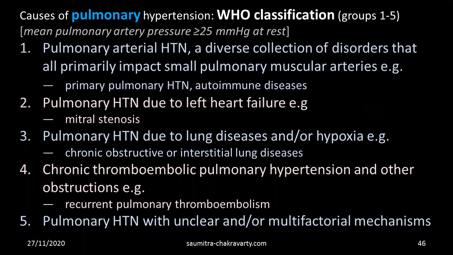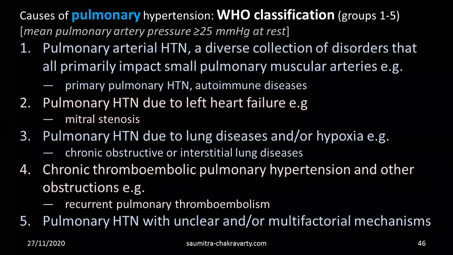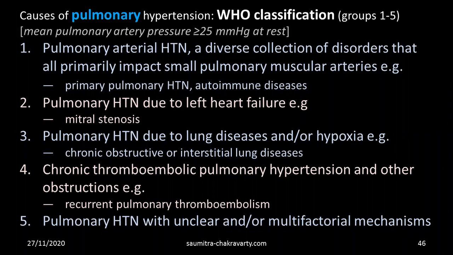There is also pulmonary hypertension, and the WHO classification has 5 groups for it. I would like to explain that, but there is not much time, so I'm going to skip it. Please read these 5 groups classified by WHO, which has something to do with how you image it. So please pay attention to these 5 categories.